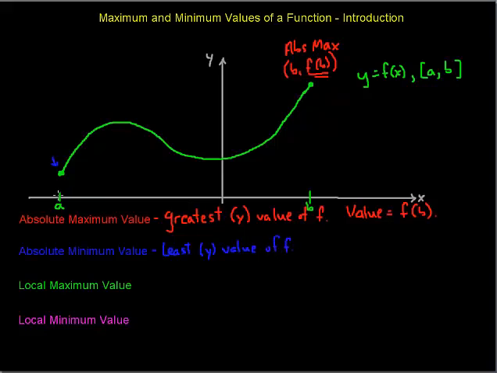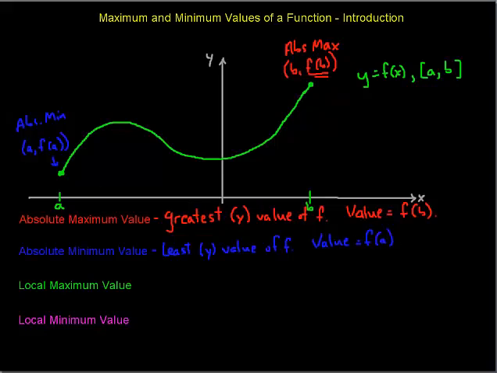It occurs at the point x equals a and y equals f of a. So that's where your absolute min occurs. And the absolute min value is simply the y-coordinate of that point, f of a.